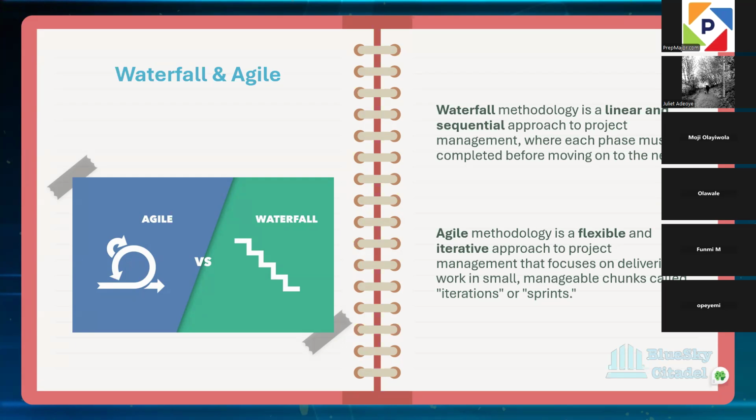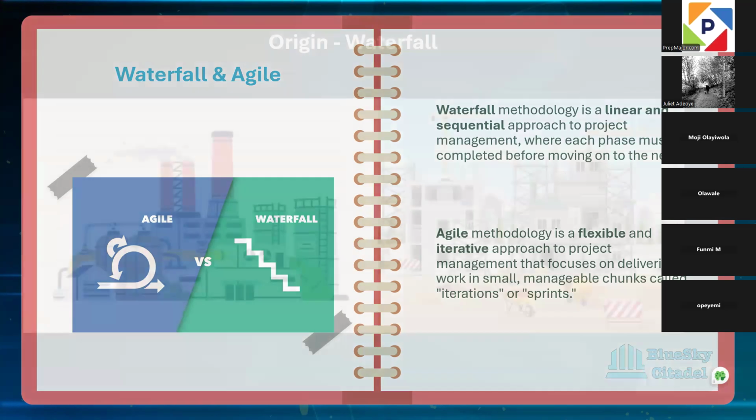Okay, so with agile, the emphasis is laid on flexibility, teamwork, and also delivering results quickly. It delivers results faster than waterfall. So instead of planning everything from the onset and following a strict process or pattern like we see in waterfall, agile breaks the project into smaller parts and then adapts to changes as it goes along.